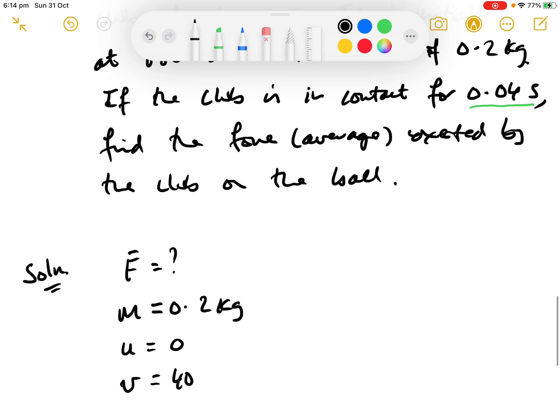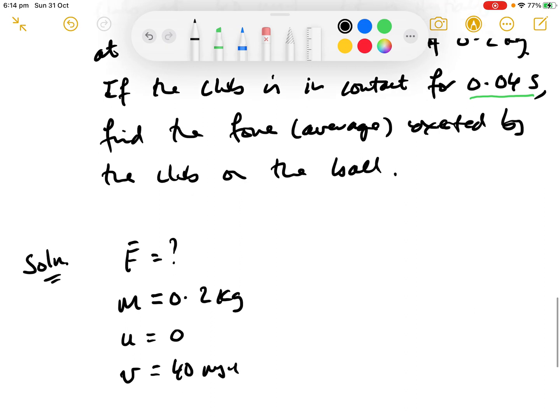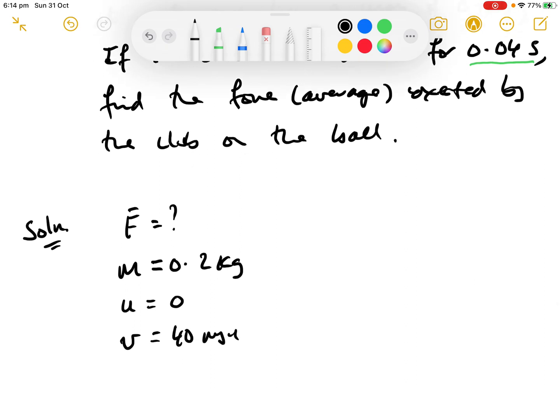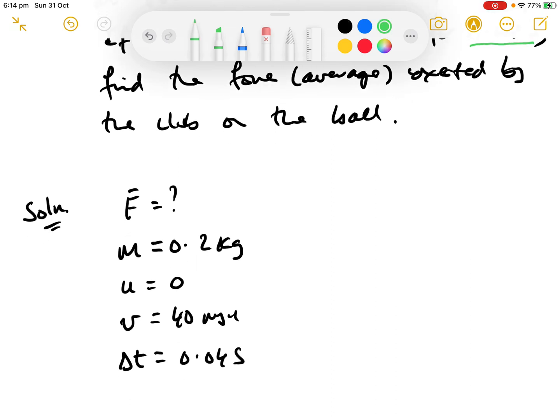It comes off at 40. You can see the delta V is just going to be 40 minus 0 there. And the delta T, the time of interaction, 0.04 seconds. Well, right away, you can see that delta V is just 40 minus 0, which is 40 meters per second.